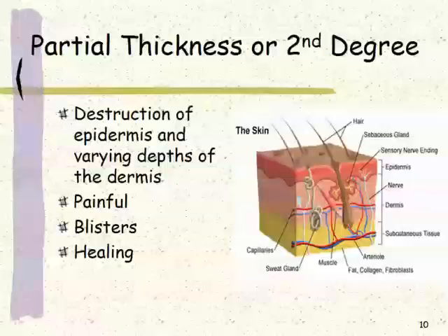Blisters are often present, and they may increase in size because of continuous exudation and collection of tissue fluid. So hair follicles typically remain intact with a second degree burn, but there may be longer healing times just depending on the depth of the burn, and there may be some scarring.